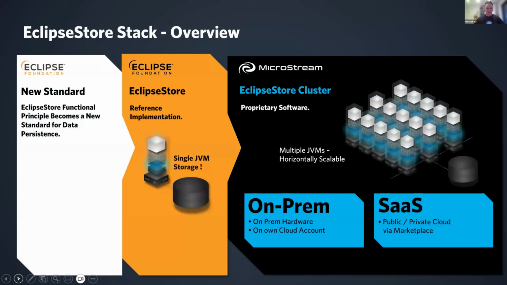The reason is it fits great with the MicroProfile standard and the Jakarta EE standard. And our goal is that the functional principle of EclipseStore becomes a new standard, similar to the JPA standard, and then EclipseStore will become the reference implementation.